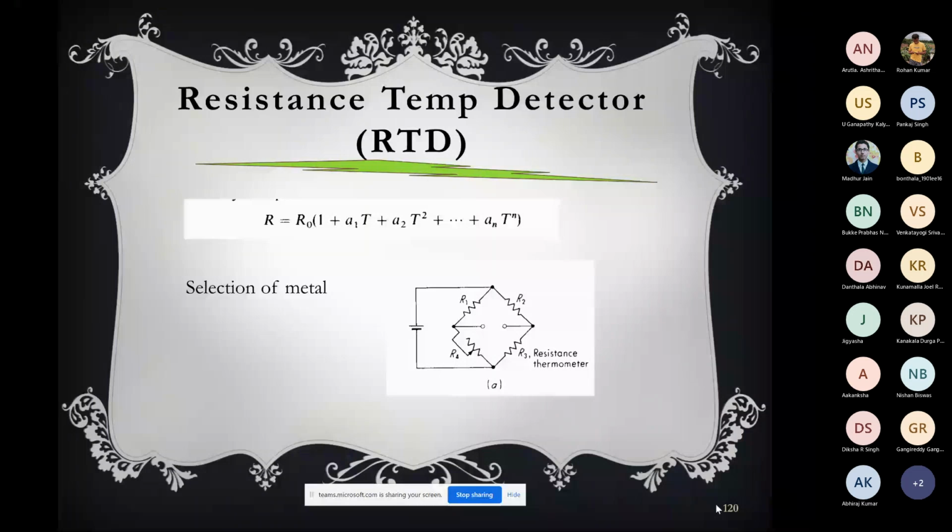Metal must have a very stable and predictable temperature versus resistance curve. So the temperature coefficients of resistivity should not change with time or repeated heating and cooling.